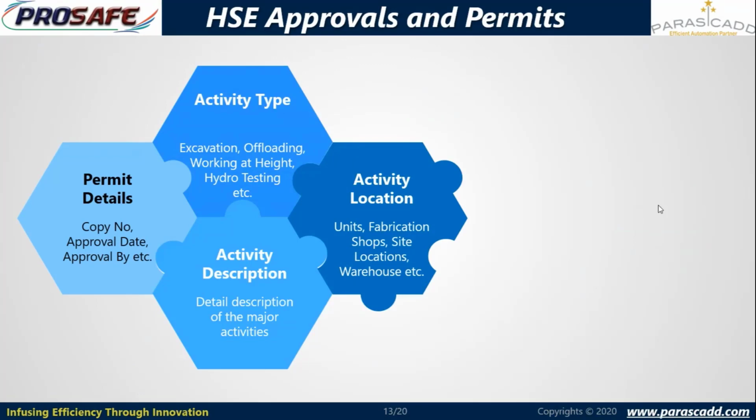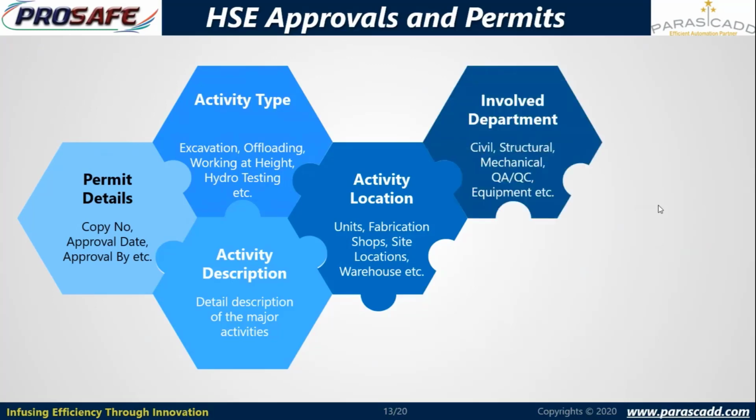We can select the appropriate location where that HSE activity is going on, which can be units, fabrication shop, site location, warehouse, etc. We can provide details of the involved departments, such as civil, structural, mechanical, quality assurance, quality control, and equipment.